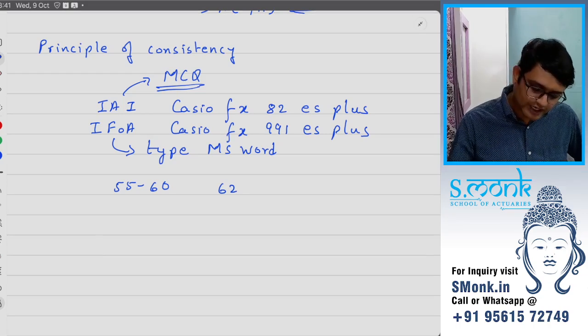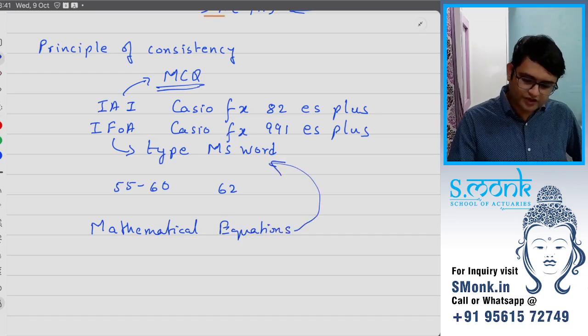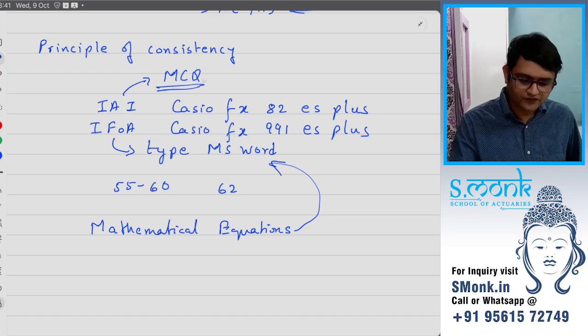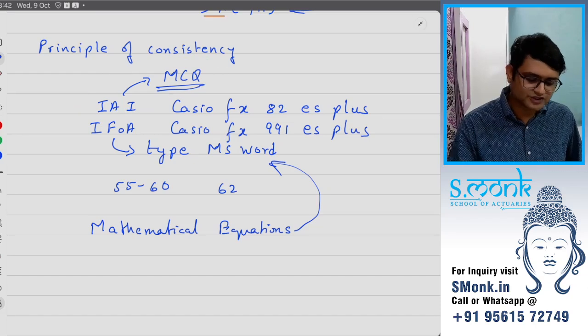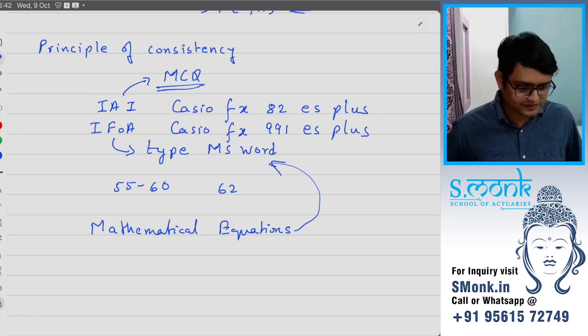I'm going to teach you that also. I will teach you how to type mathematical equations in Word. So for IFOA students that will be important. For IAI students, not important, because for IAI students you will have to solve it on paper and just select the correct answers.